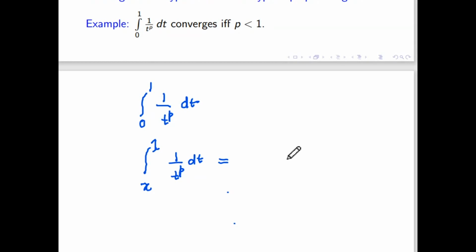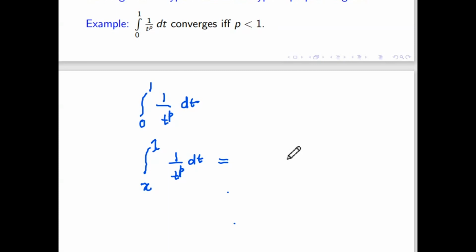So now we integrate 1 upon t to the power p with respect to t, and we'll apply the limit from x to 1. So what is the value of the integration? What will be the integration of 1 upon t to the power p?